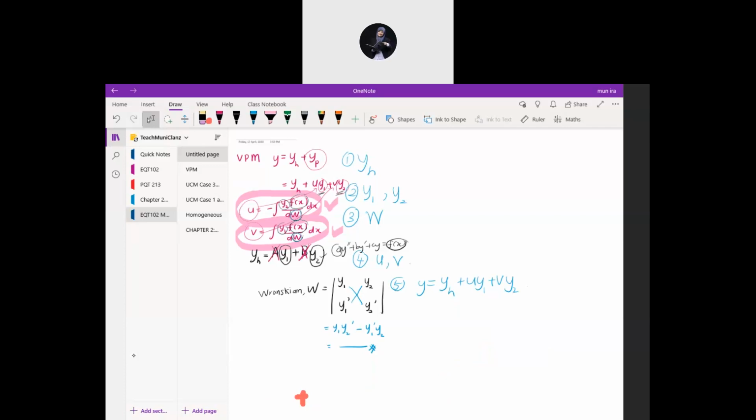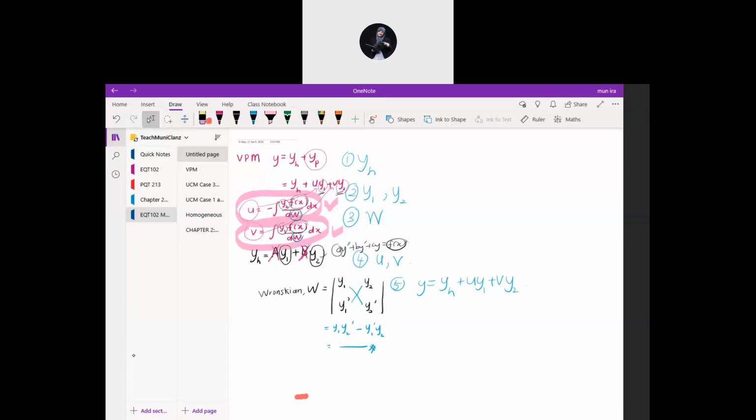When we talk about UCM and VPM, it also involves homogeneous equation, because in order to get the solution of UCM and VPM, you must understand how to get the homogeneous solution first. So homogeneous, non-homogeneous, UCM, VPM. That's all. We don't have Cauchy, Euler and multiplication questions.